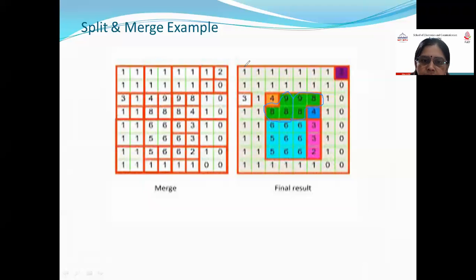Then we check all these adjacent regions; they are similar to each other. Similarly, this portion is similar, so we can merge them together. So this is one more example of splitting and merging. The final result will be as shown here.